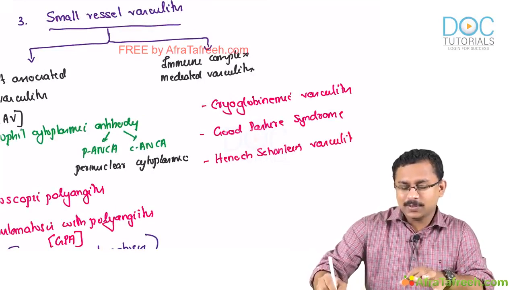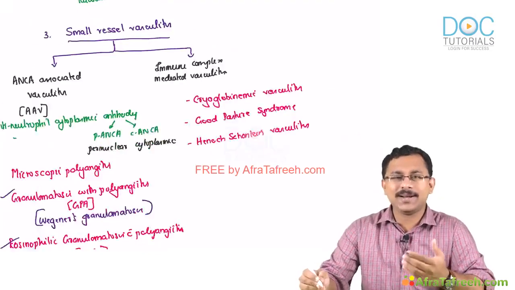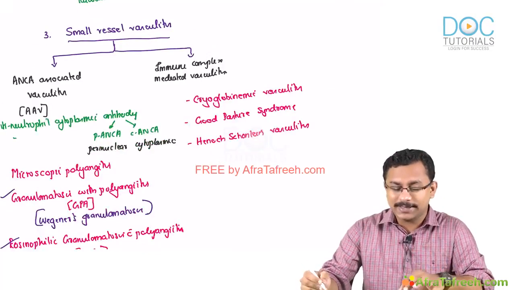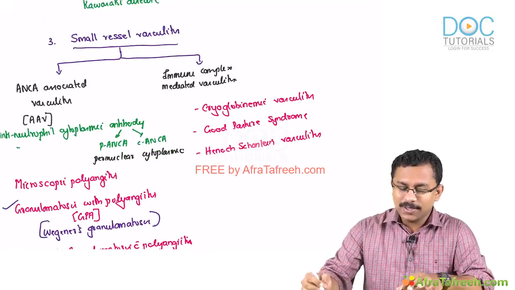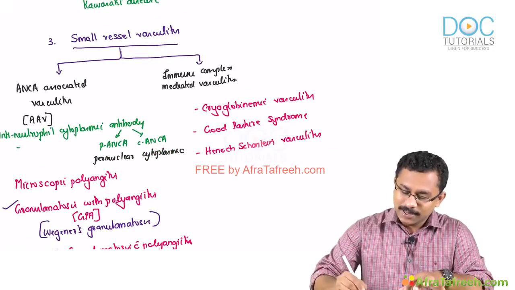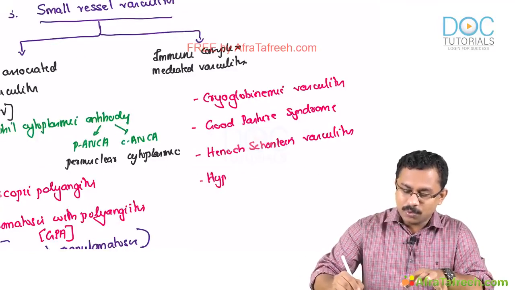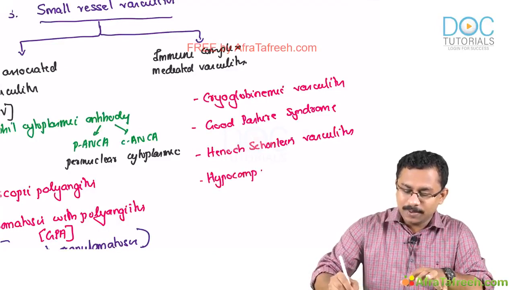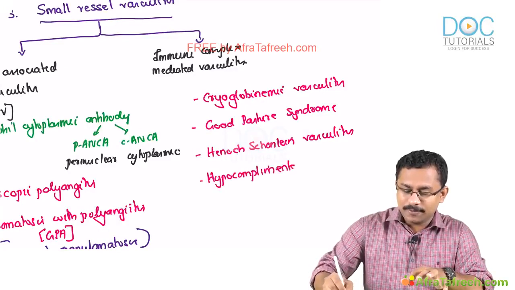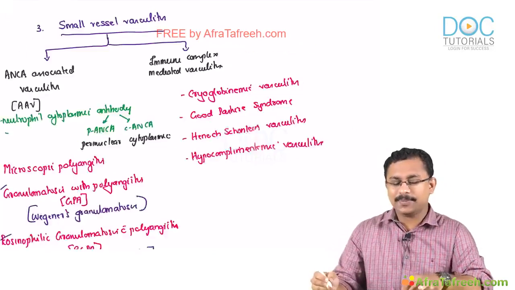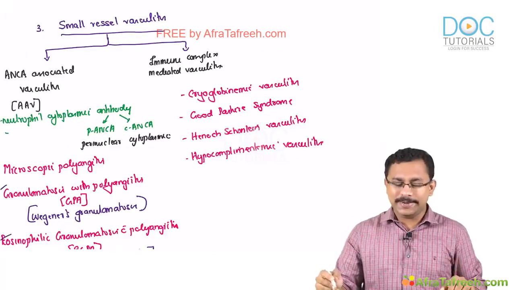Okay, it was previously called Henoch-Schönlein purpura, but it is now understood as a vasculitis. And also you have the hypocomplementemic vasculitis. Okay, so these are the subtypes of immune complex mediated vasculitis.